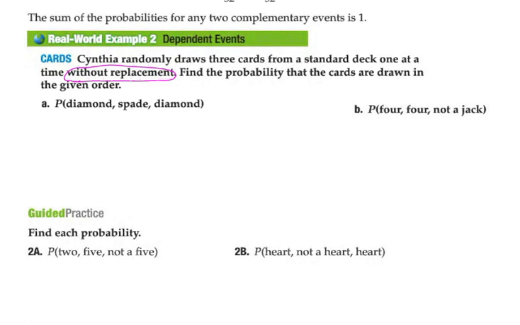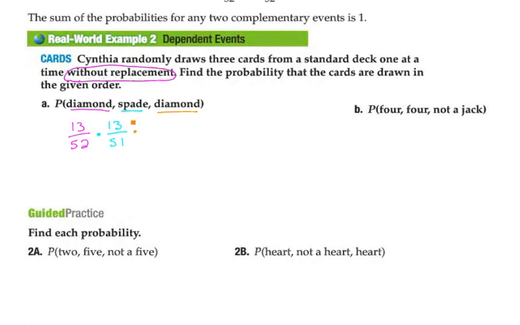So we are going to draw a diamond, and then a spade, and then another diamond. The probability of drawing a diamond is 13 out of 52 because there are 13 diamonds. Probability of drawing a spade: there are 13 spades, but since we did not replace that card, we now have 51 cards. Now we're going to draw another diamond.